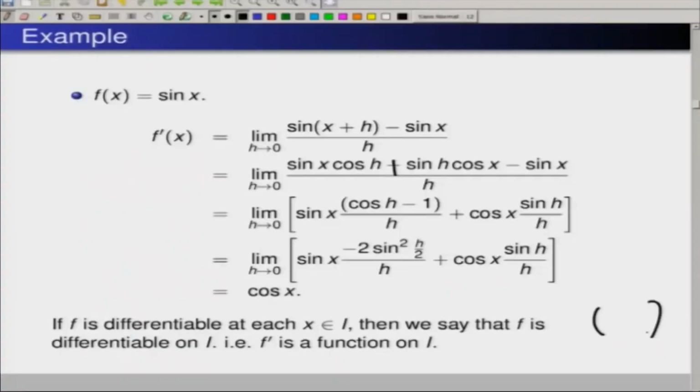That means f is differentiable at each x belonging to I. If you have an open interval, then you can say that f is differentiable on I. If you have a closed interval, then at the end point we have a problem. In this language, we can say that the function f of x equal to sin x is differentiable on R, which is the open interval minus infinity to infinity.